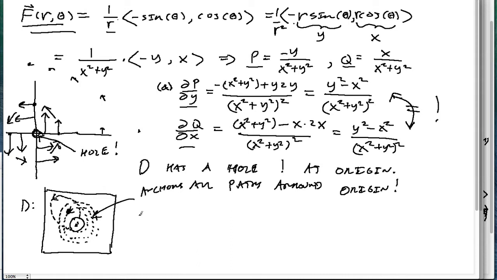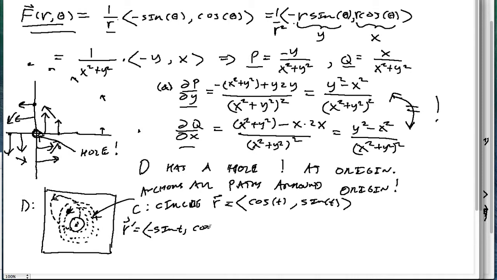So actually, let's verify. Let's compute a path integral. So we'll say C is going to be our circle again. So r is going to be cosine t, sine t. And in order to compute the path integral, we always take r prime, and that's going to be negative sine t, cosine t. All right, so now let's do our path integral. Let's go back up to the polar form.